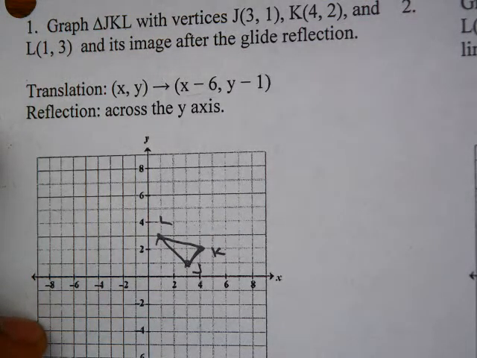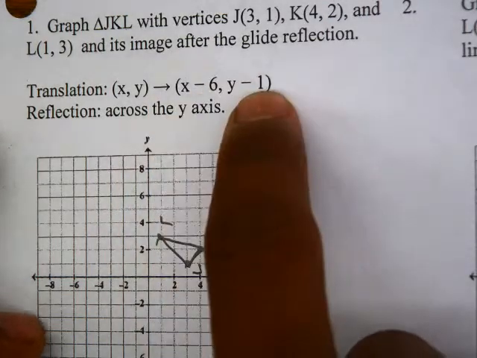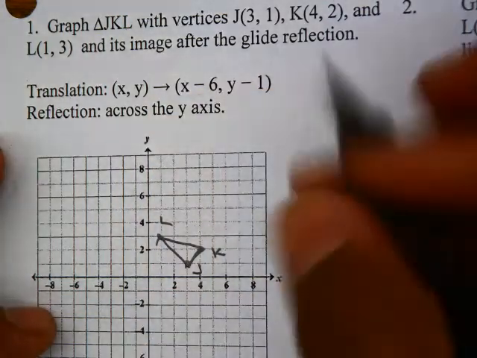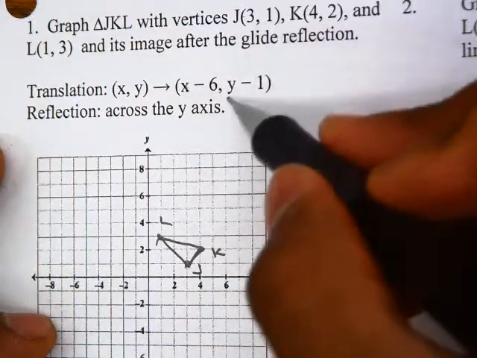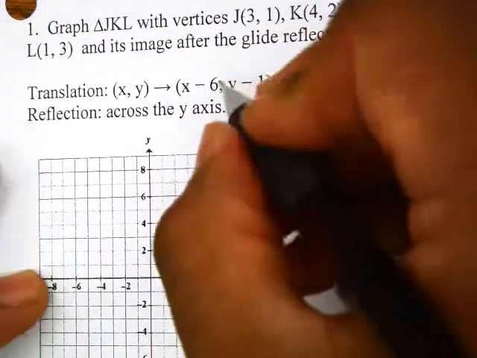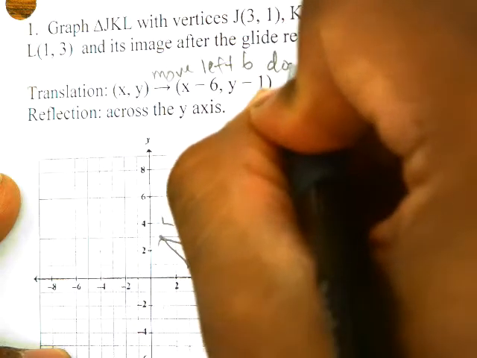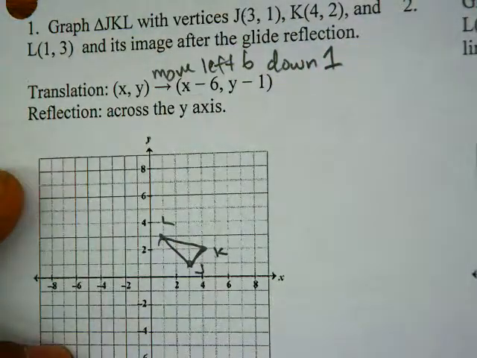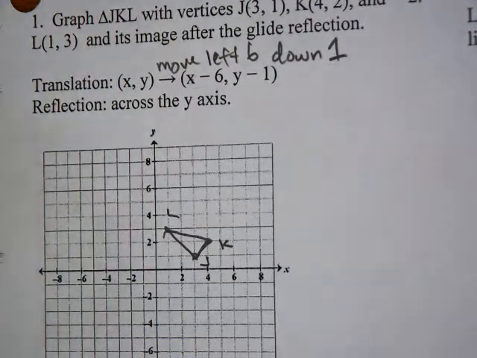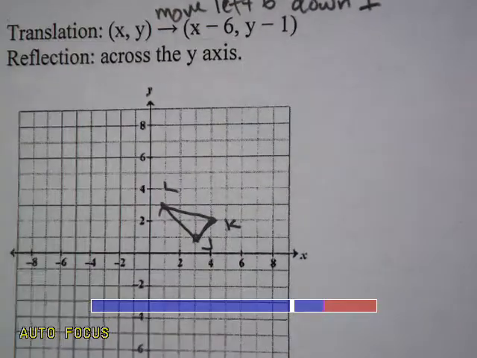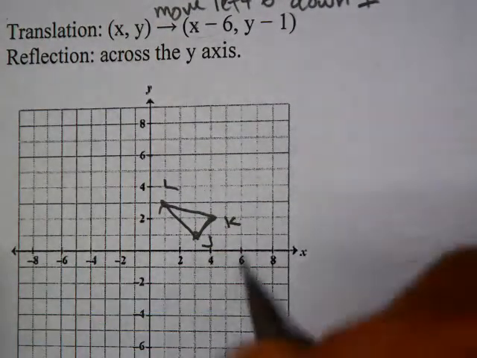So the translation, x minus 6, y minus 1, I can take these points and plug it into the rule, or what I can do instead is just know what this means. This means move to the left 6 and down 1. So I can take each point, move it to the left 6 and down 1, and I'll have my primes.